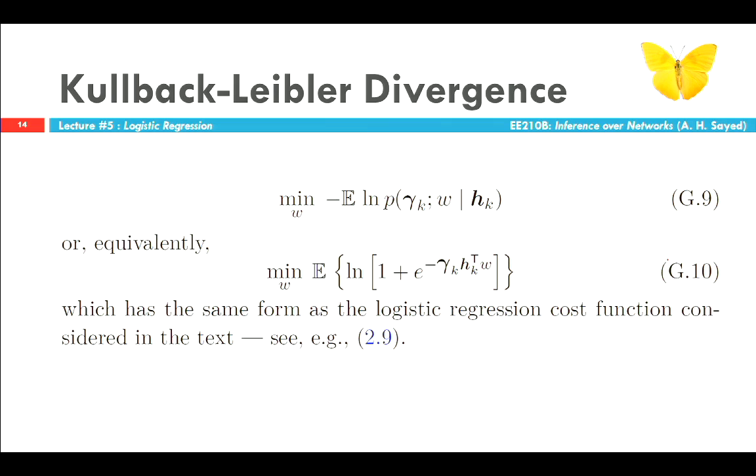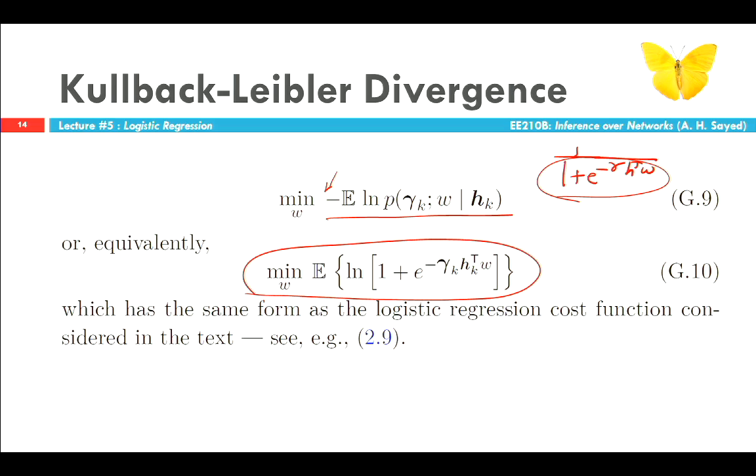Remember, P has the form 1 over 1 plus e to the minus gamma h transpose omega. Then the log of that becomes minus the denominator, and that minus cancels this minus, and you end up with this function. So this is the logistic function. That's how it comes up. This is the example I showed you before, but without the expectation. I introduced it like that, but this is where it comes up.